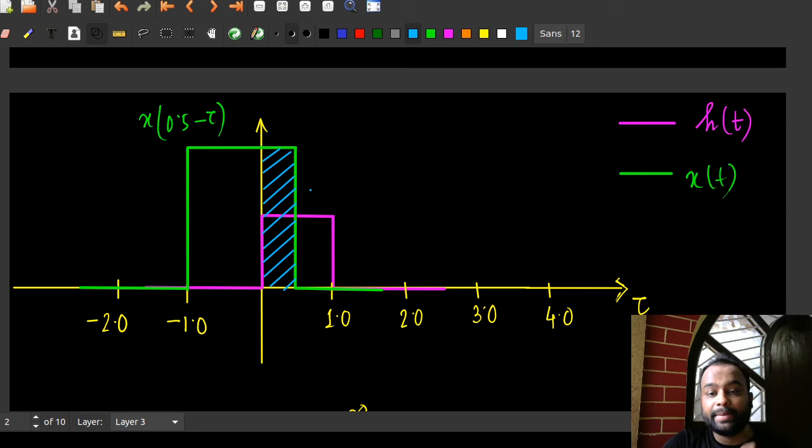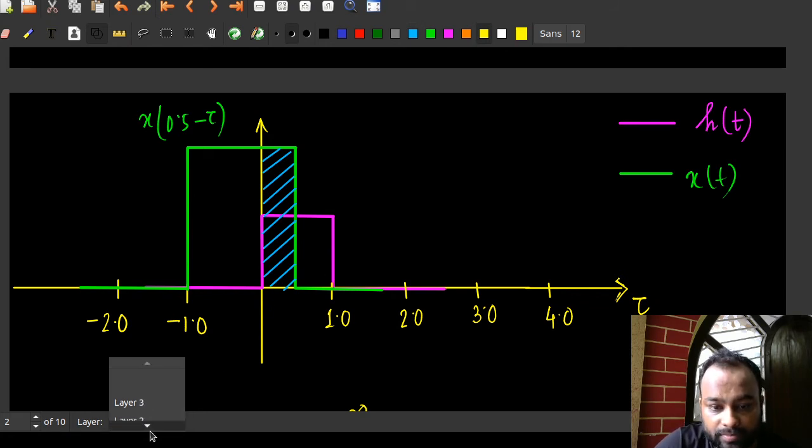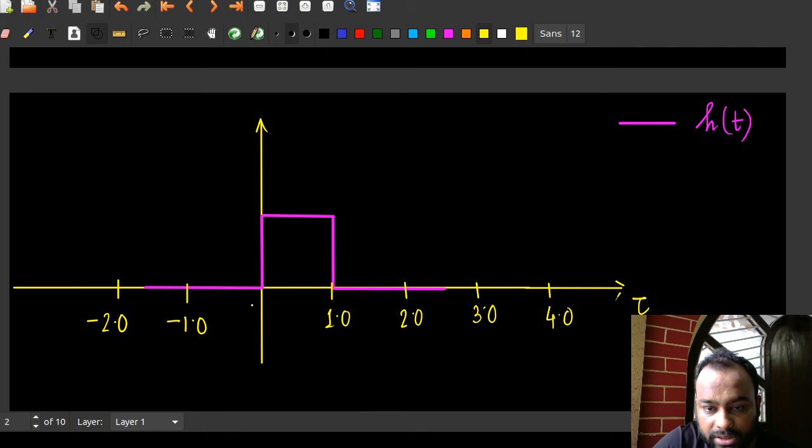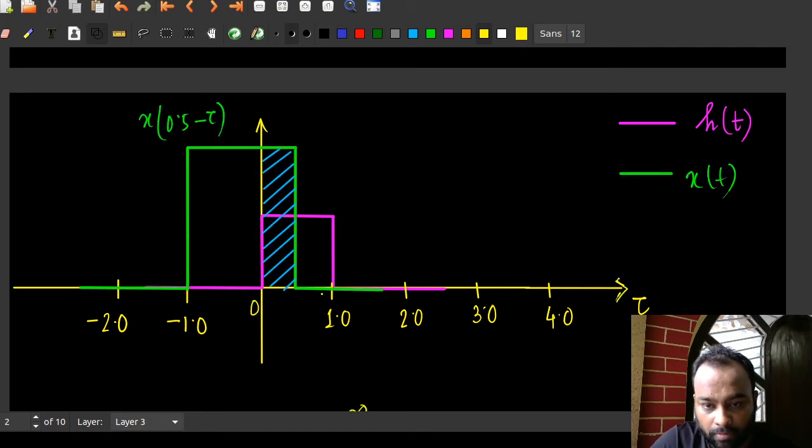This entire area is representative of the product, because within these two points, which is 0.5 here, this signal has a value of 2 and this signal has a value of 1, so their product is 2, of course. So this is the overlapping area, the product area. This area is going to give you the value of the output of the system.